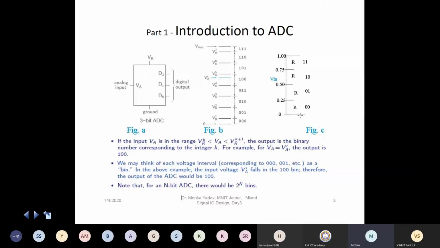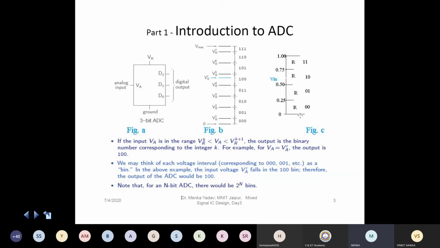Okay, you can see these voltage levels VR1, VR2, VR3, VR4 up to VR7. So these are the intermediate levels, and corresponding to this, you can refer to figure number C as well. There are actually different conventions for ADC. So first let me discuss figure number B and then I will discuss figure number C.